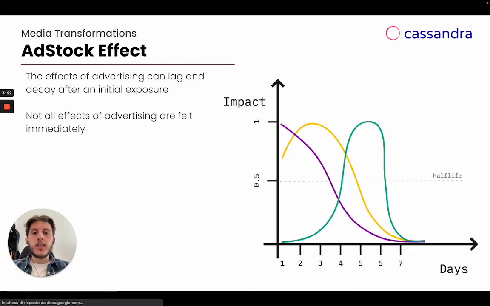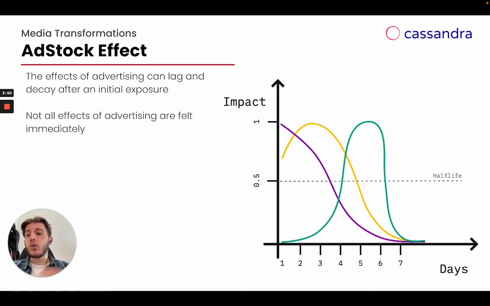And there is an even more extreme case in which you may see like 0 impact on day one, and then the impact starts slowly showing the following days up to like having a peak like a week later maybe. And that's something that could easily be happening in case you are doing ads on TV or radio, because people may be seeing your ads in a moment where they just can't buy.